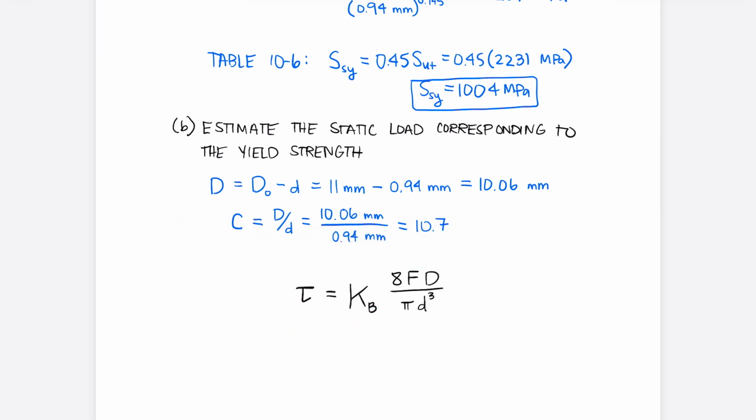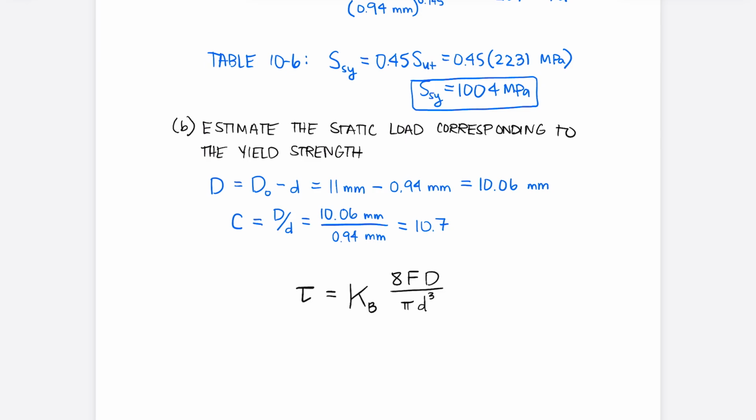Okay, and our question asks us to find the static load corresponding to the yield strength. So I have a torsional yield stress, which I can use in place of this stress to find the static load F that corresponds to that yield strength. So we're looking for the load that is going to cause our stress to be equal to yield.